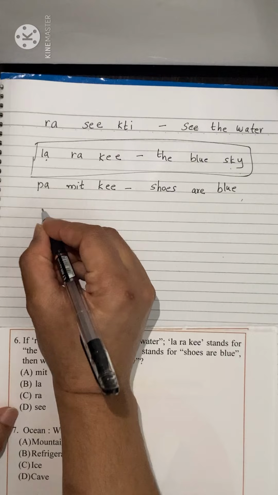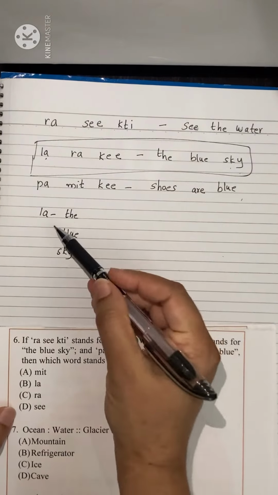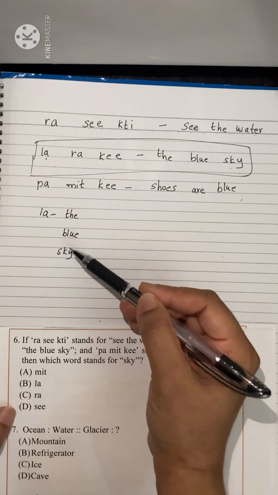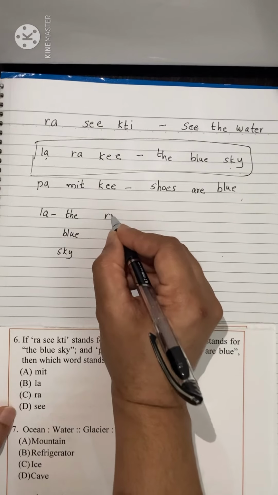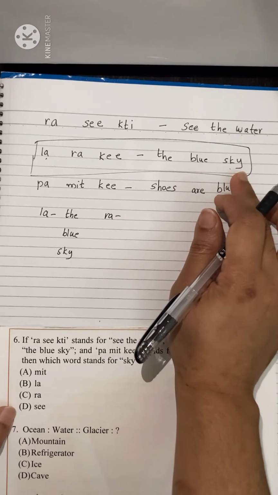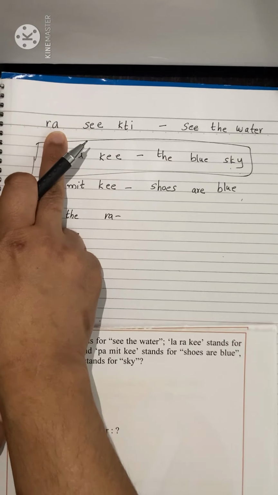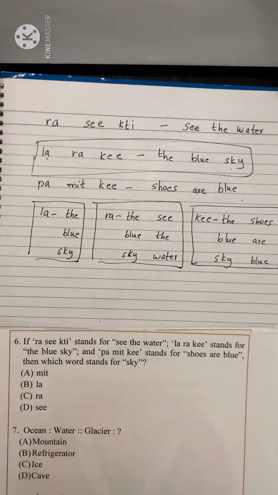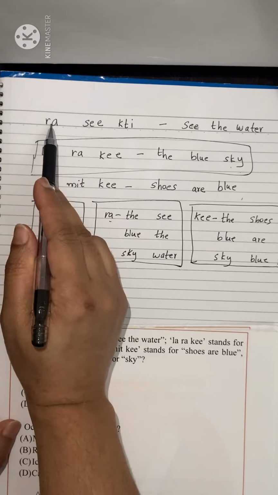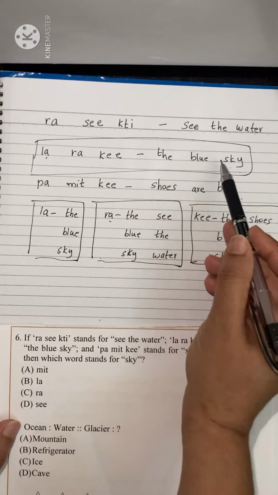So we can write like this: La stands for the, blue or sky, we don't know which one. Now Ra, this one also could be any. But here Ra is used in the first and second line, so Ra can be either see, the, water or the, blue, sky.